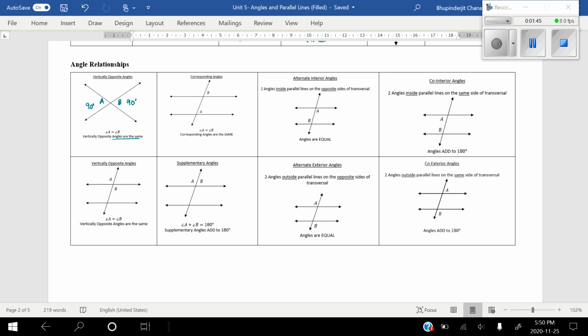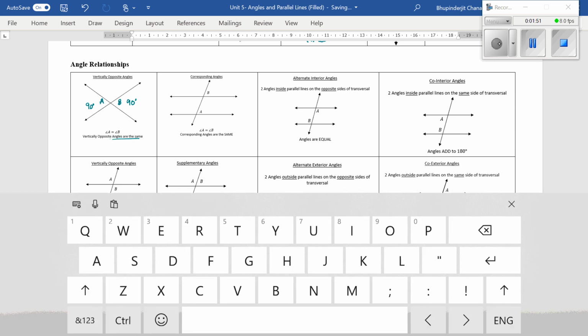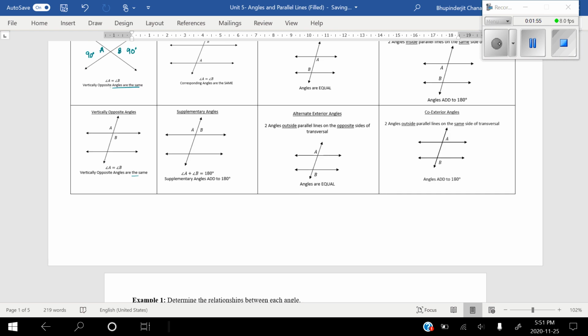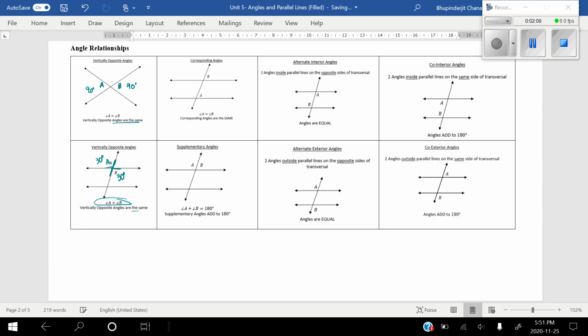Same thing, vertically opposite angles are the same when they are across each other. So these guys are still vertically opposite from each other. So if A was 30 degrees, then B would also be 30 degrees. They would be considered equal.